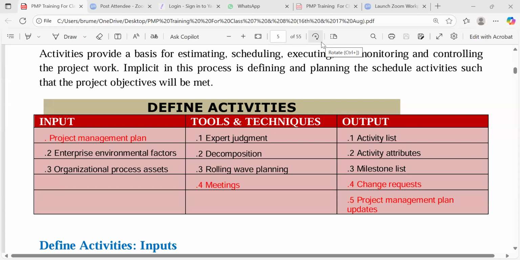Defined activities tells us that those work packages from project scope management were good, but they are still big. Let's further break them down. That is the reason decomposition comes in here as a tool. We want to break the work packages down into smaller and more manageable packages called what? Activities.